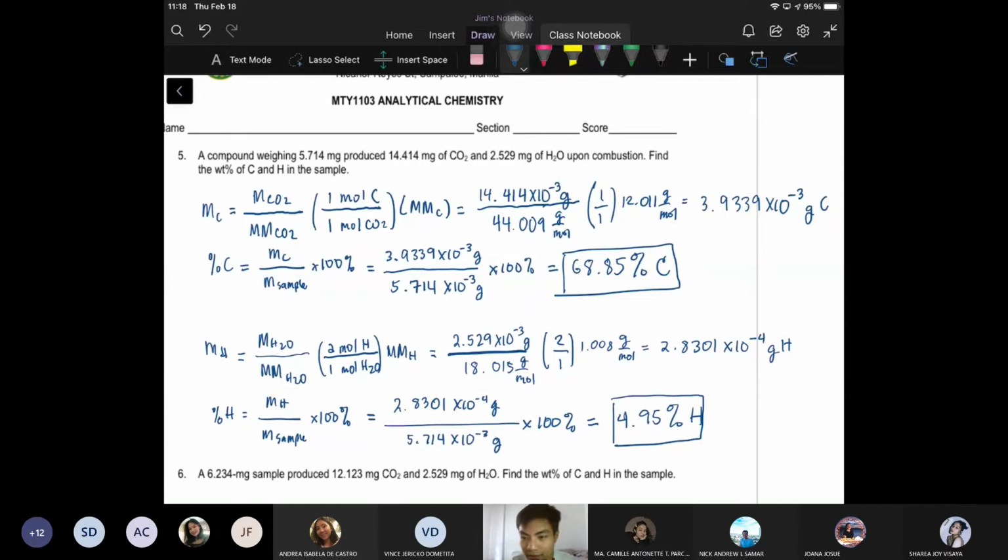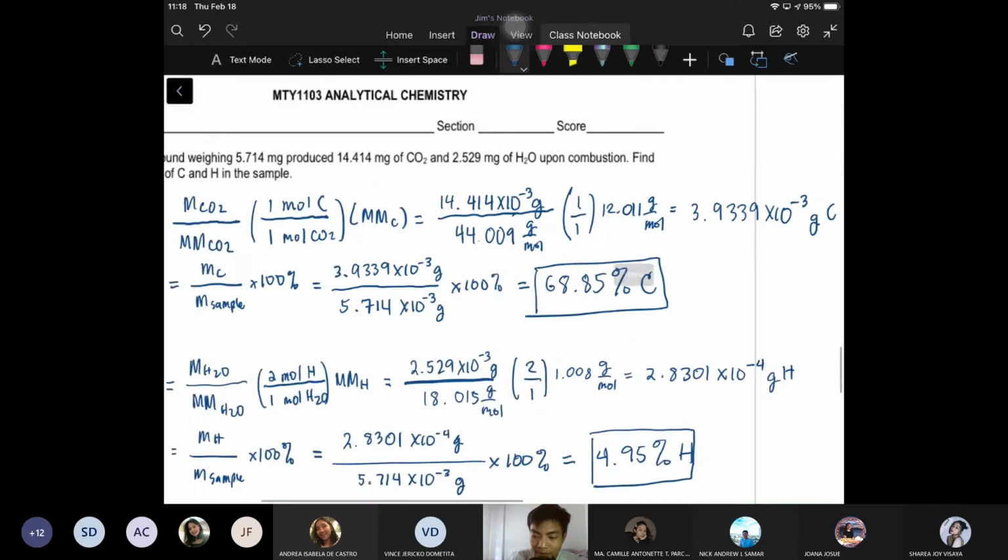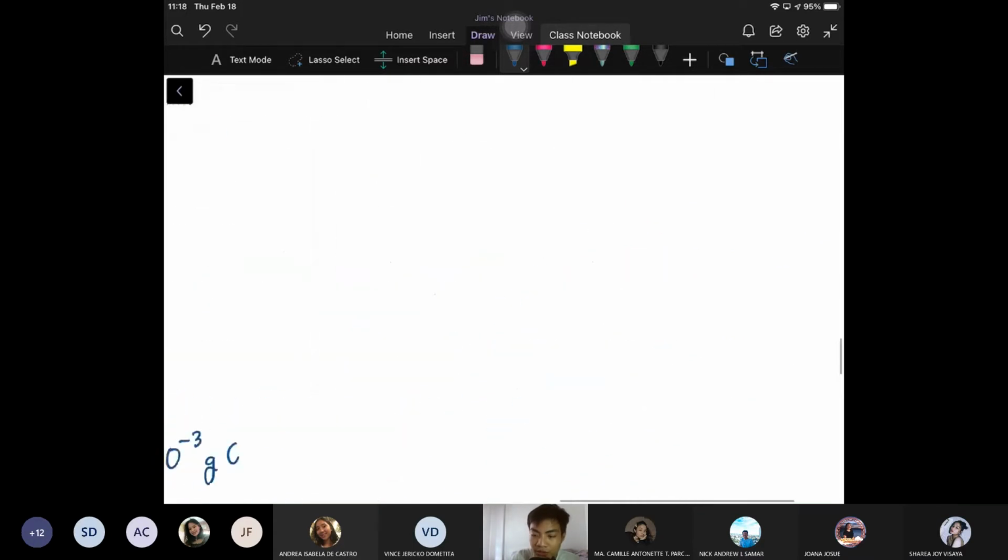Ang question ni Zylene ay ask ko lang po kung bakit hindi po kasama yung mass ng oxygen doon po sa mass ng sample. Okay, kasi ganito, ang problem with mass ng oxygen when doing combustion analysis is that hindi lang yung sample yung lone source mo ng oxygen. Okay? If you could still remember the combustion equation, ano itsura ng combustion reaction?